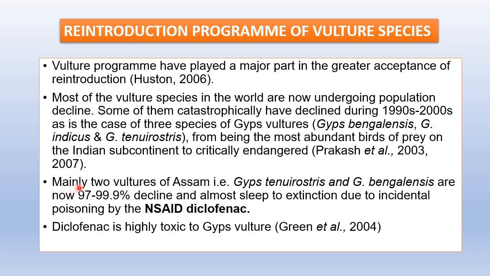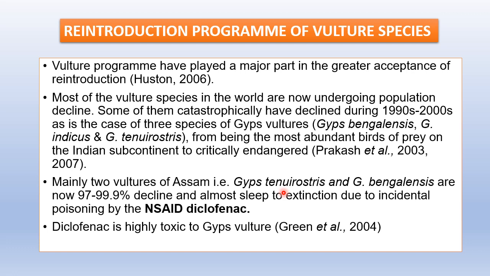Mainly 2 vultures of Assam, Gyps tenuirostris and Gyps bengalensis, are now 97 to 99.9% declined and almost slipped to extinction due to incidental poisoning by the non-steroidal anti-inflammatory drug diclofenac, which was widely used across South Asia to treat livestock.